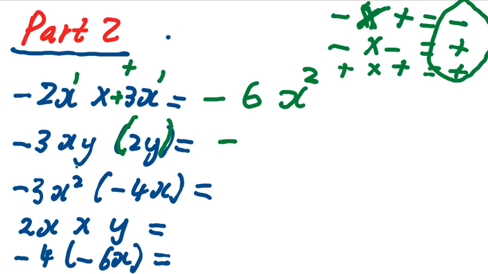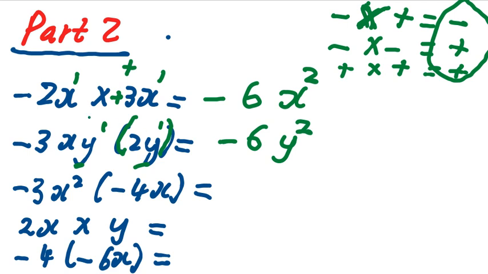For example, here we have y and here we have y, so you can multiply them. Sorry, I forgot about the numbers. 3 times 2 is 6. Okay, let's go back. Y times y, since you are multiplying the same variables, you take one and add the exponents. The exponent is 1 and 1, so you're going to add them. 1 plus 1 is 2.